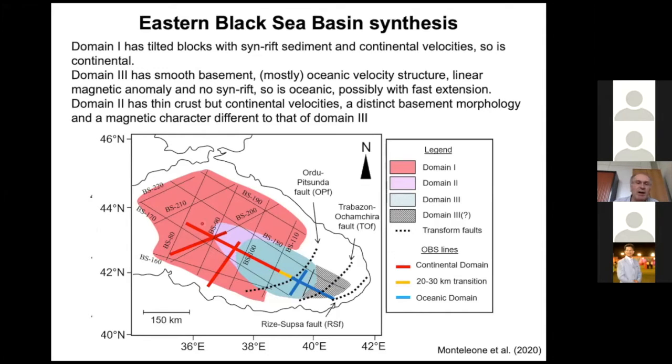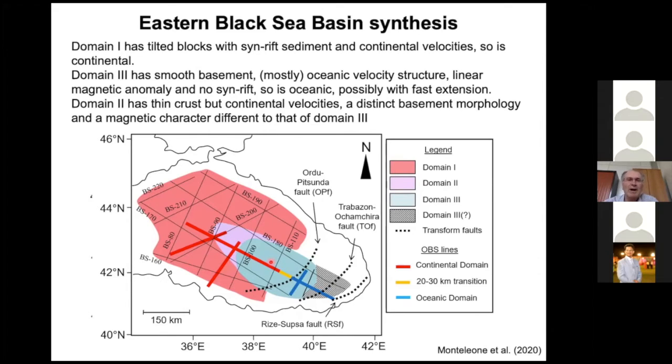So domain one has the tilted fault blocks. We interpret that as continental. That's fairly straightforward. Domain three has pretty smooth basement, has a velocity structure that as we've seen looks like thickened oceanic crust.